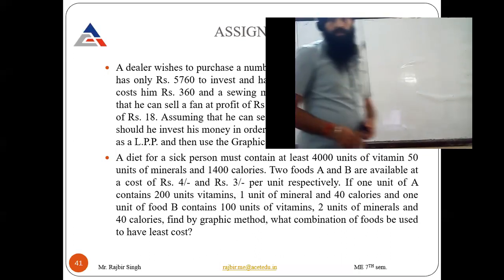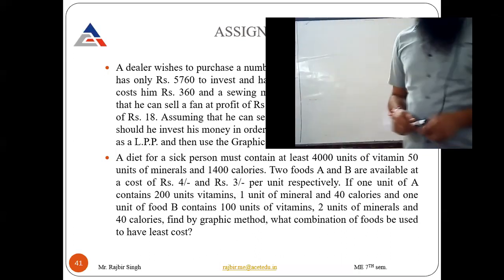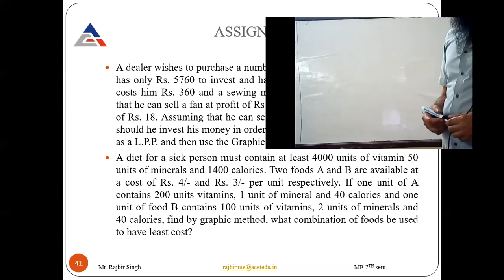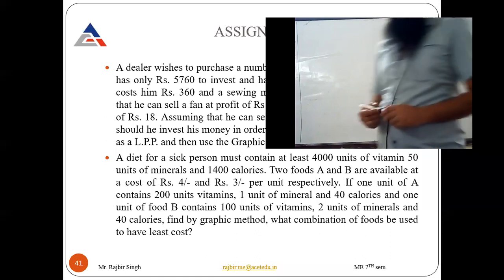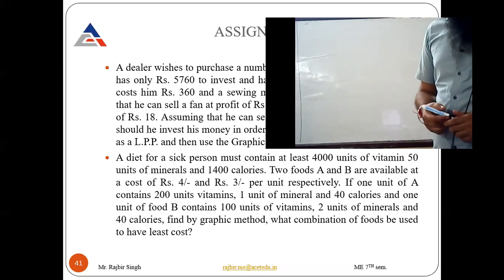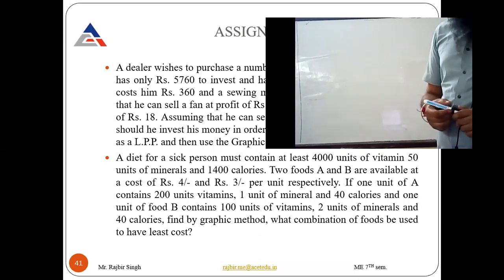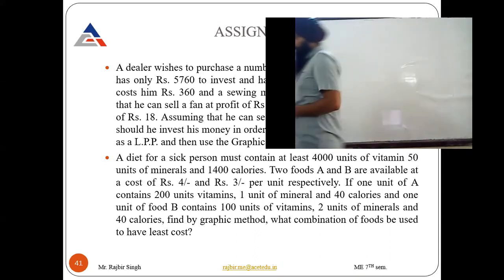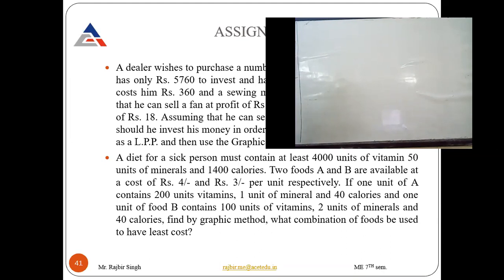First of all, we have two foods, A and B, available at a cost of rupees 4 and rupees 3 per unit respectively. Similarly, the foods contain vitamins, minerals as well as calories. First of all, we have to convert this model into an LPP model.